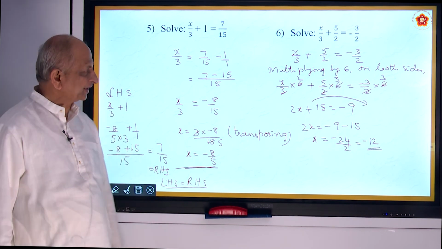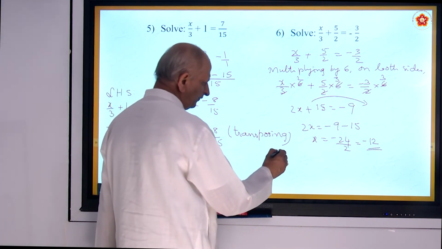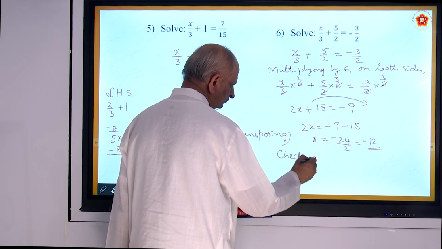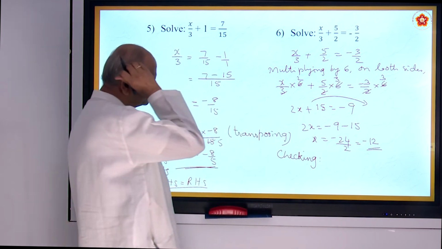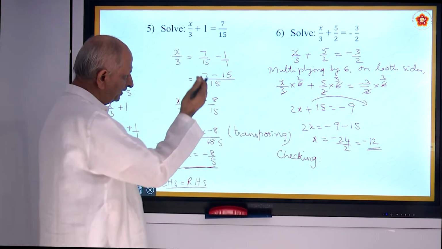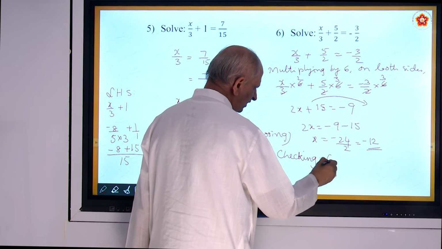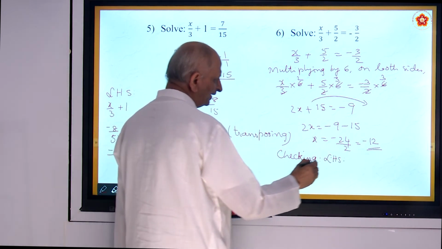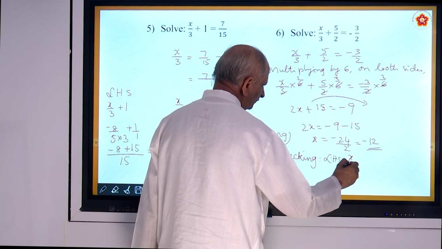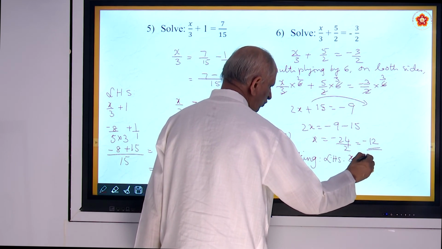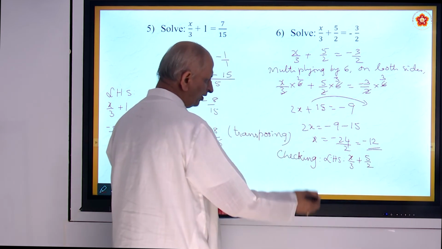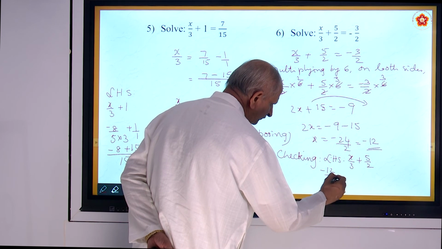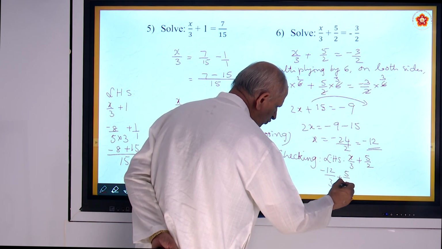Alright, now let us check it. So verification or checking, both are the same. Just apply that on the left hand side: x by 3 plus 5 by 2, that is the left hand side. x is minus 12, so minus 12 by 3 plus 5 by 2.